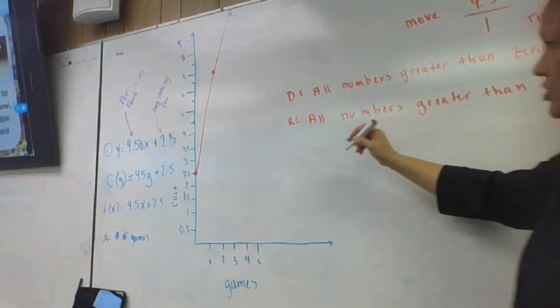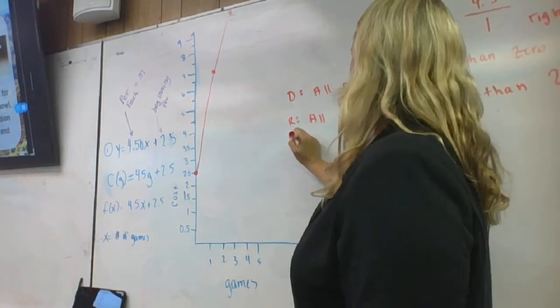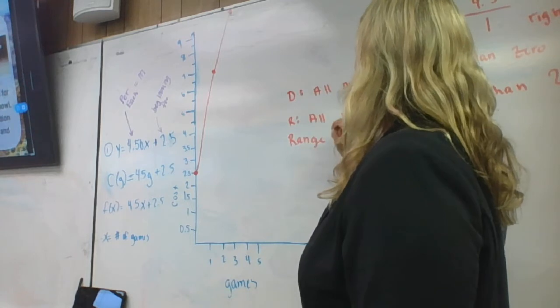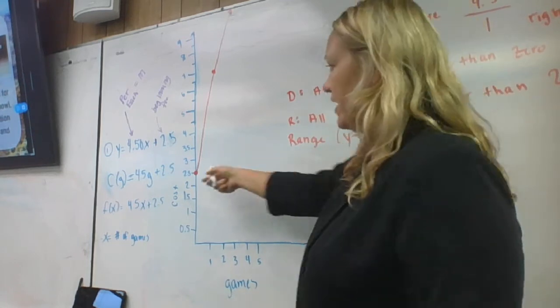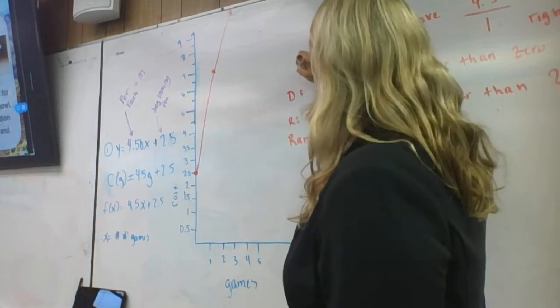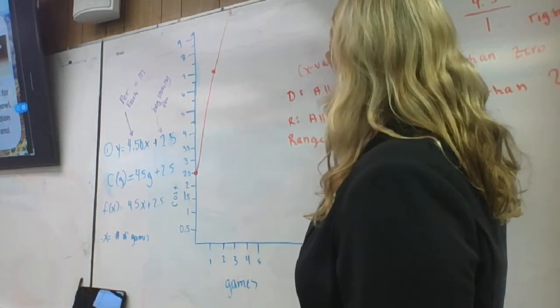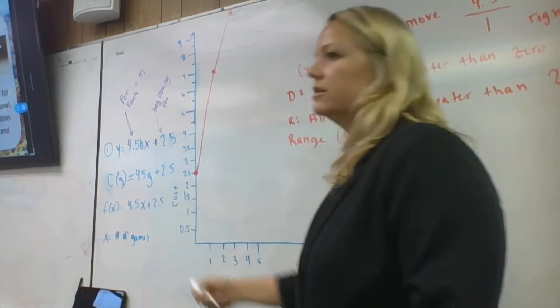And range, I should have written this. Range is y values. Our y value is 2.5. And our x value started at 0.